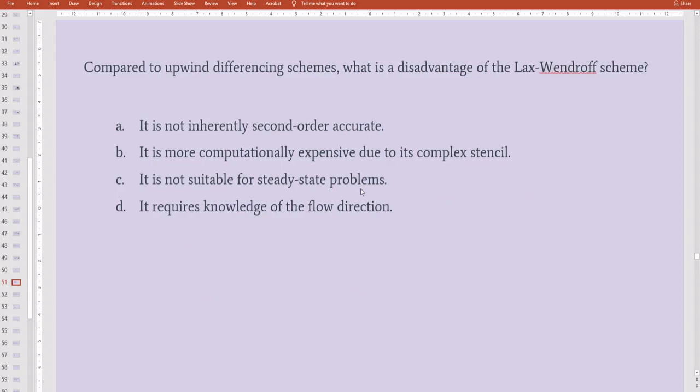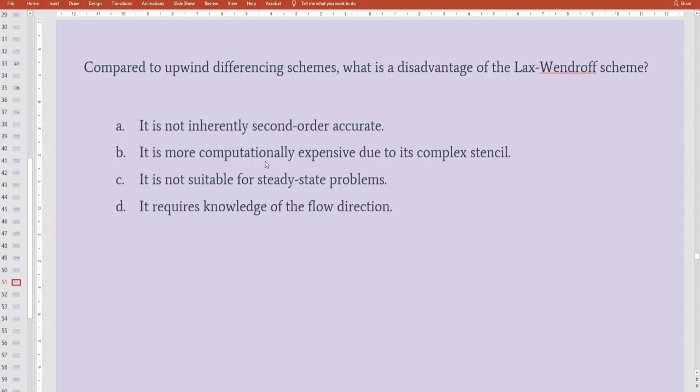Next question. Compared to upwind differencing schemes, what is the disadvantage of the Lax-Wendroff scheme? The Lax-Wendroff scheme is actually a modified Lax scheme. Option A, it is not inherently second order accurate.